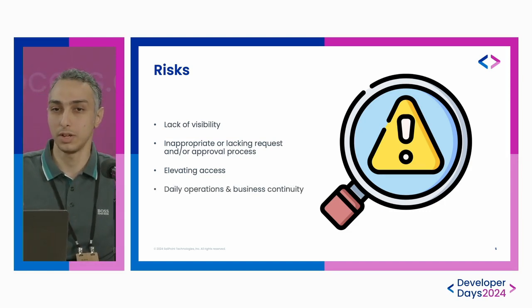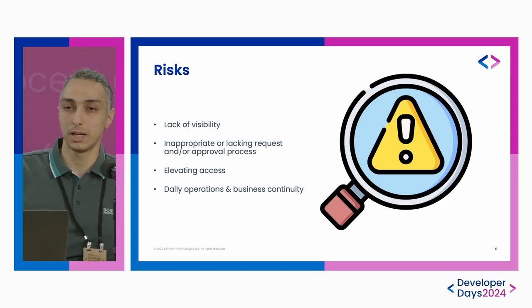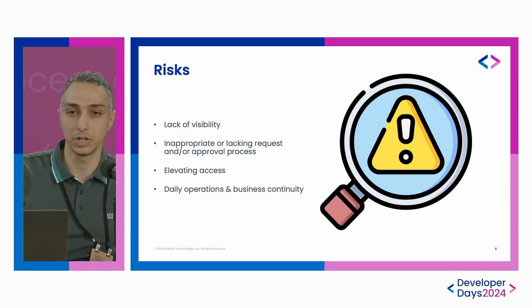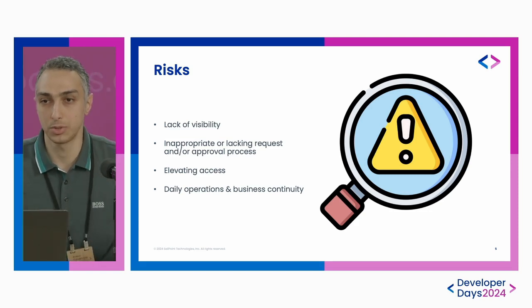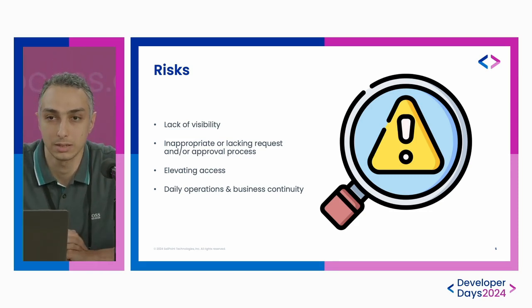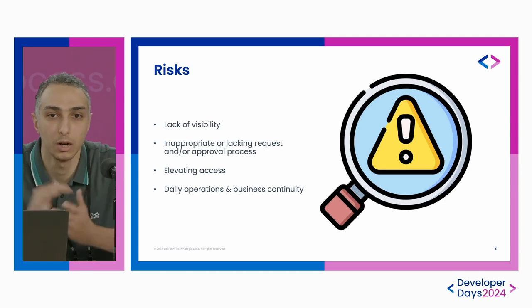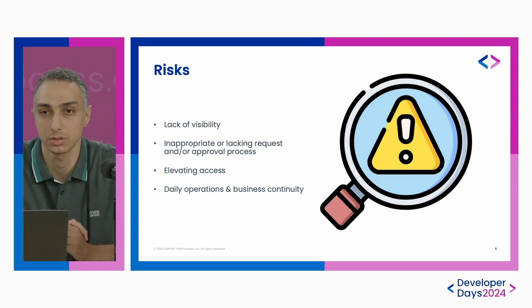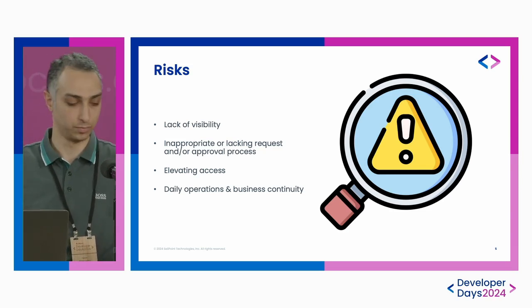Last but not least, if you have a service account and an entitlement has been removed from this service account, this could cause operational disruptions to your current daily business and performance. It could cause business continuity issues, and performance and operations issues. So all these risks are what we would like to fix and avoid in the future with our solution.